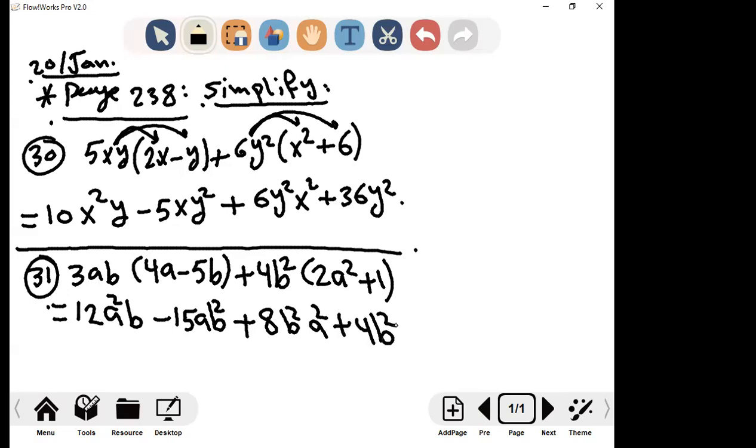I'm done with the first step. Now search for like terms and be careful. A power 2b, ab power 2, b power 2, a power 2, b power 2. No like terms, right? That's all. This is question 30 and question 31, okay?